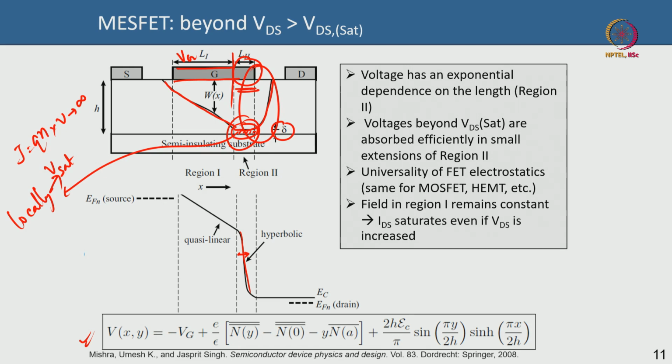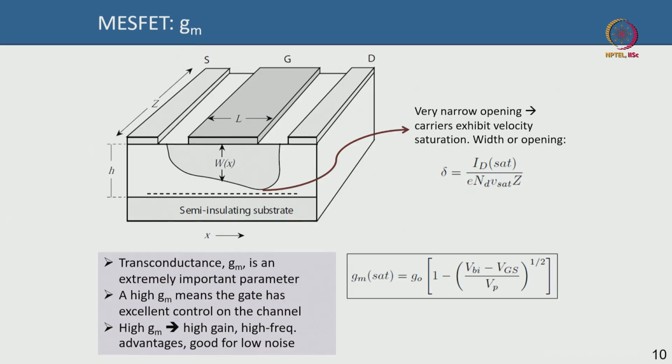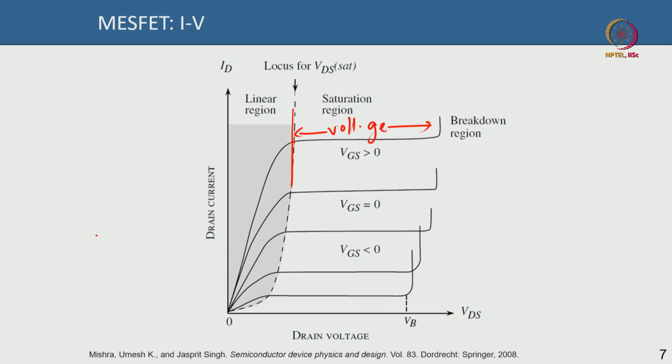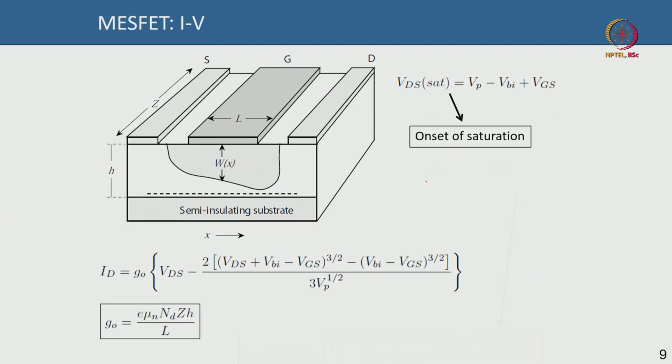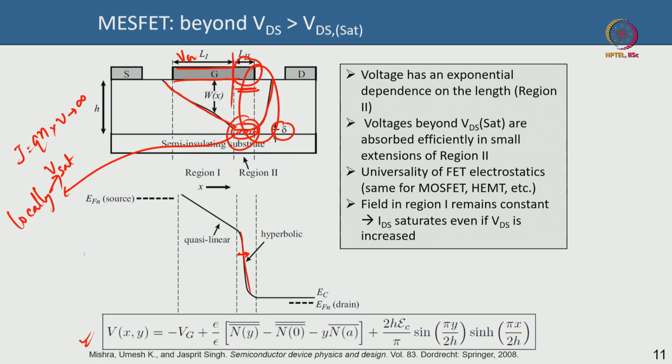Any voltage that you apply beyond the saturation voltage is accommodated by the edge of depletion on the gate metal side, and it extends towards the gate drain depletion side here. A small region in that portion can sustain a significantly large voltage, because the field varies hyperbolically as opposed to linearly. So, you can have a large voltage drop in a very small opening.